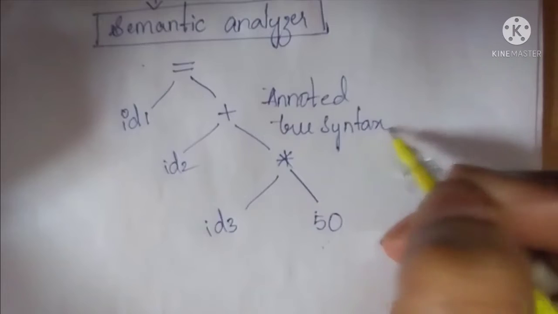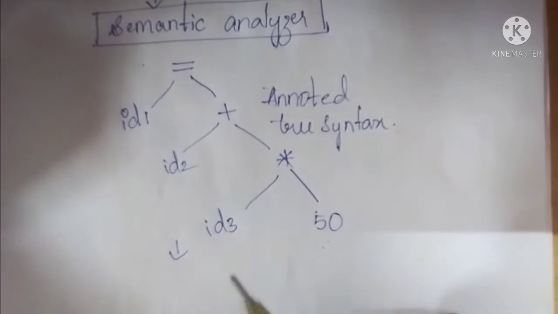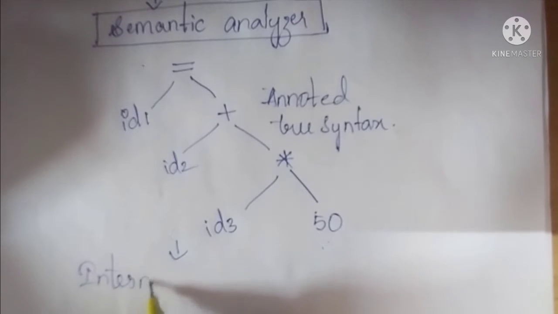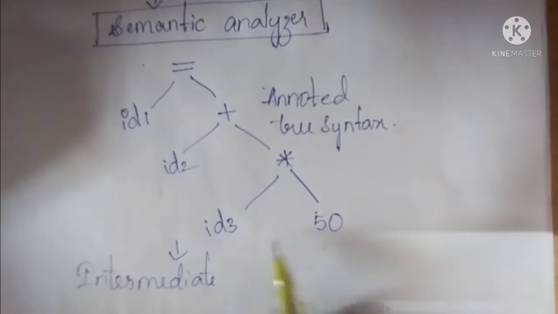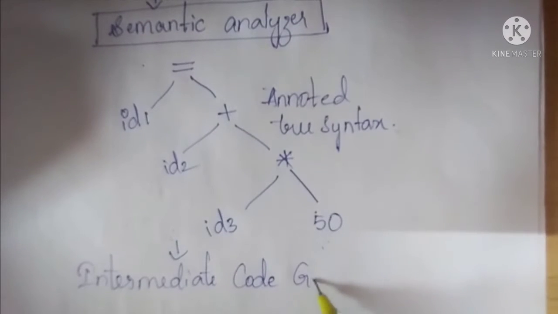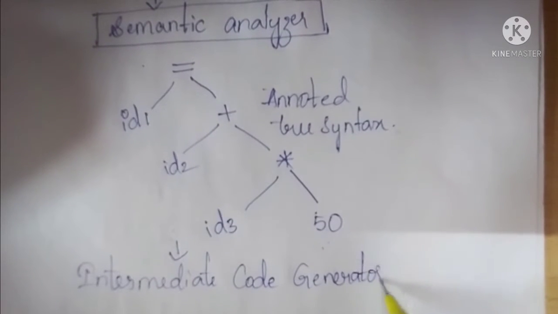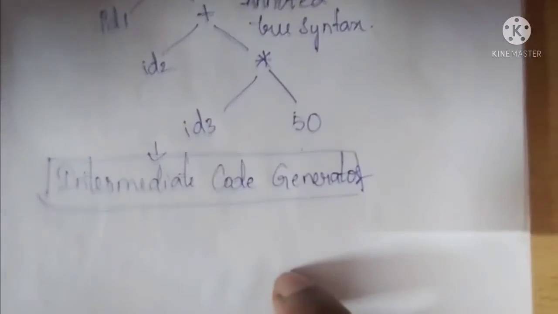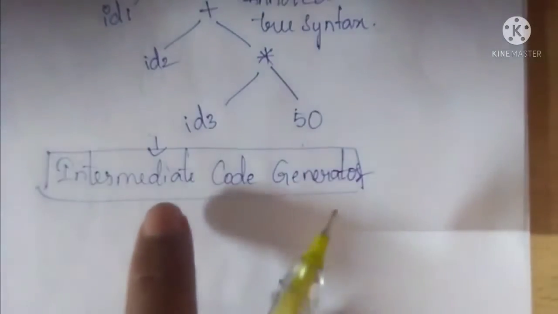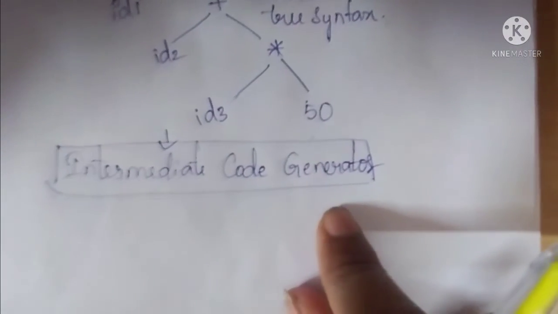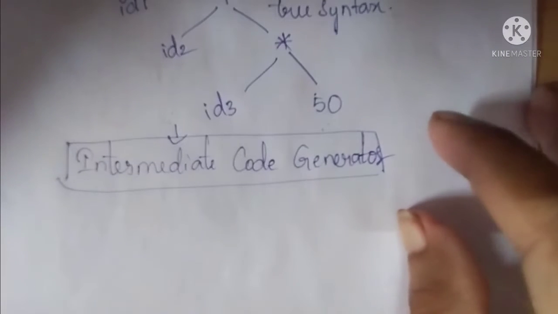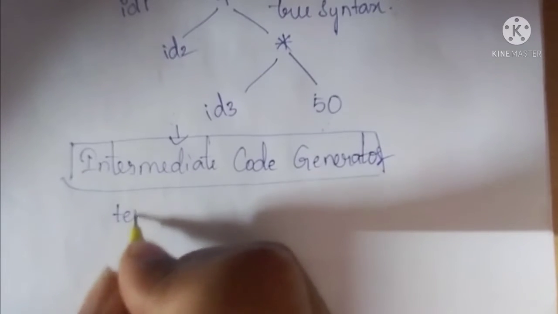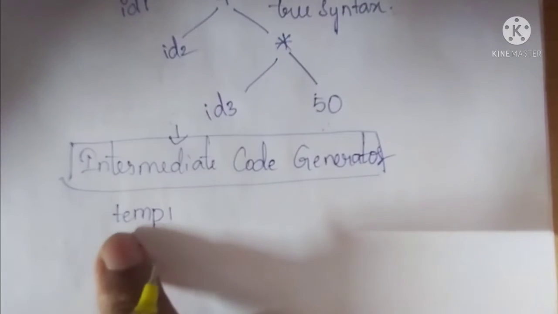Next we will see the next phase, that is the intermediate code generator. We will take this annotated tree as the input to the intermediate code generator. What we will do is first take one temporary variable, that is temp1. temp1 is a temporary variable.